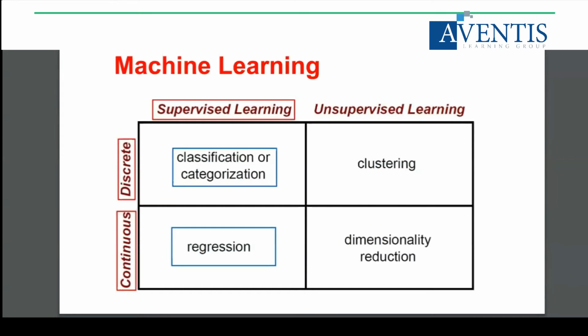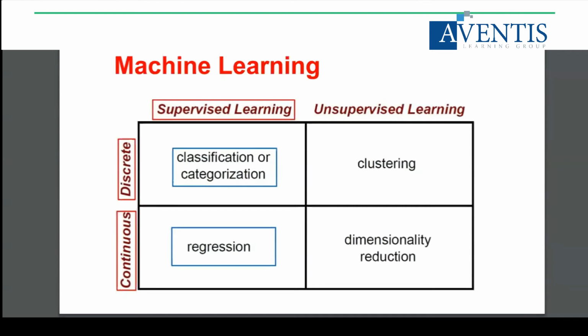So supervised learning is when your labels or outcomes are available in your data, and if that is not available, then it's unsupervised learning. Now within supervised learning, there are two types of model we can build.